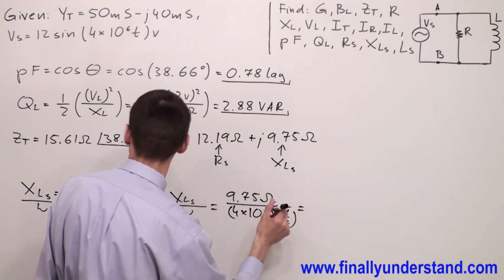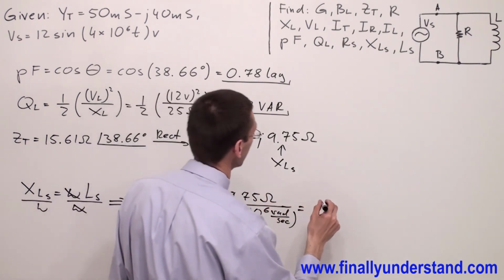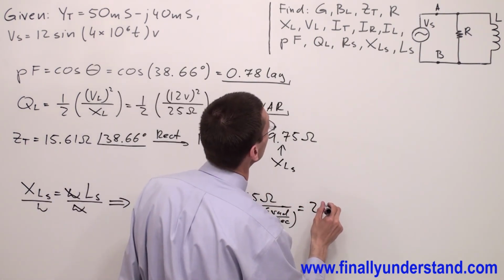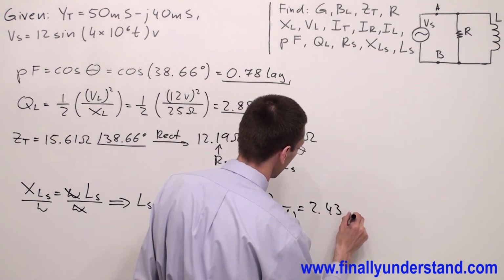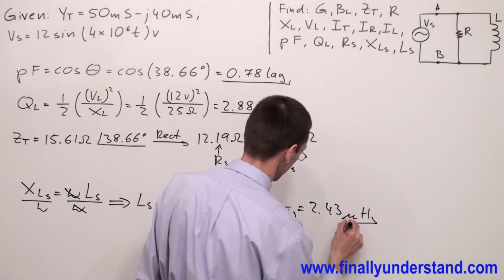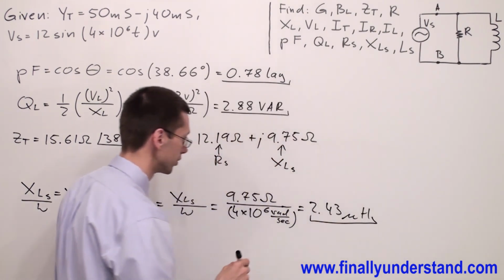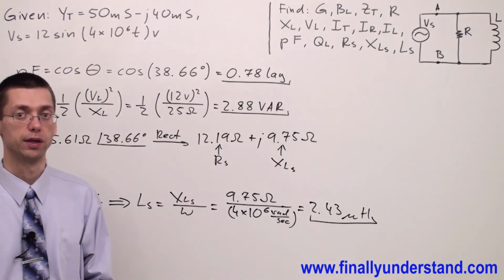So this is equal to 2.43 microhenries. Okay, so this is the inductance of my inductor.